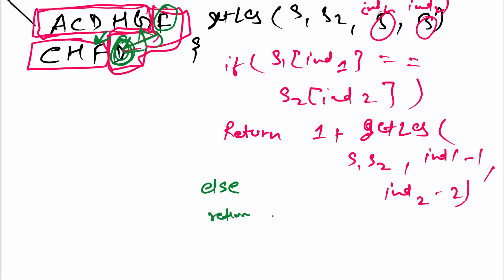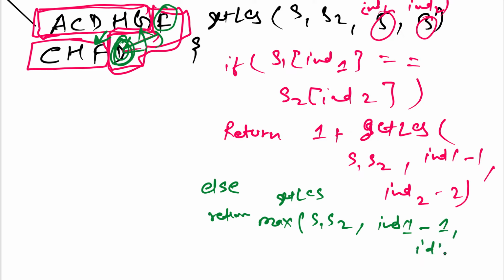return maximum of get LCS s1 comma s2 index 1 minus 1 comma index 2.